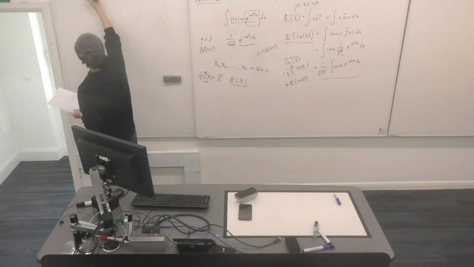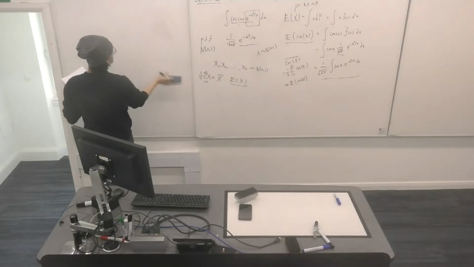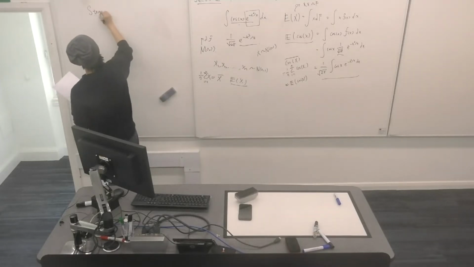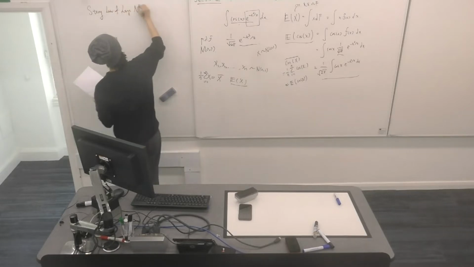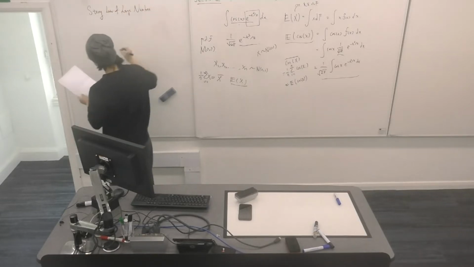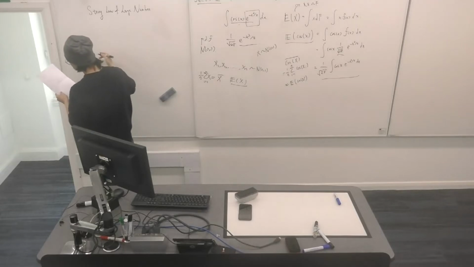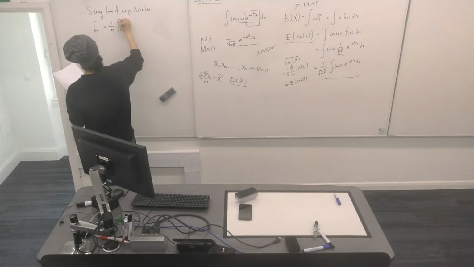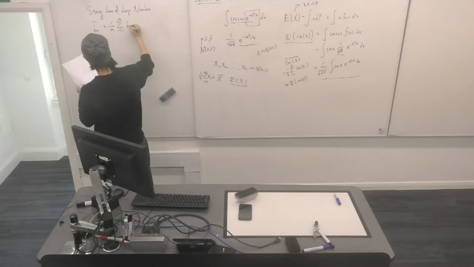It's still called the strong law of large numbers. It states that, well, if you have h bar defined to be 1 over n, the sum from i to n of h of x_i.